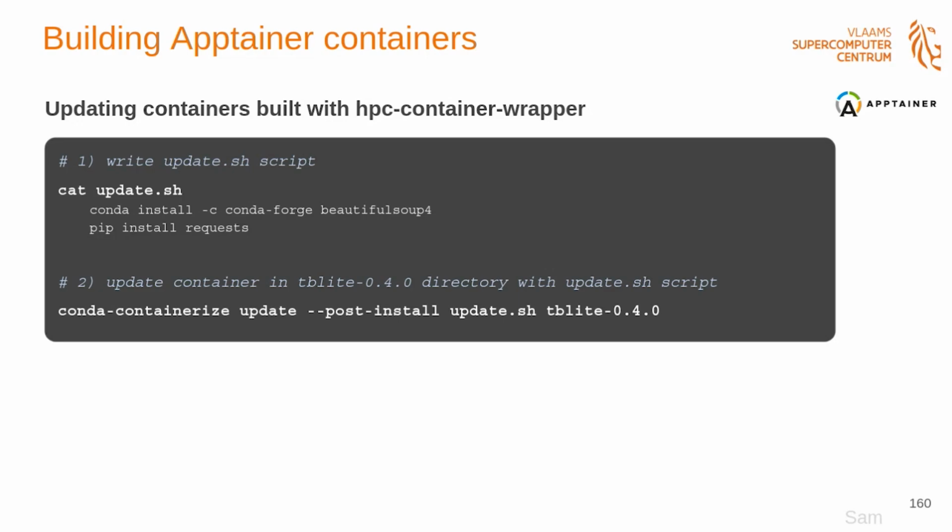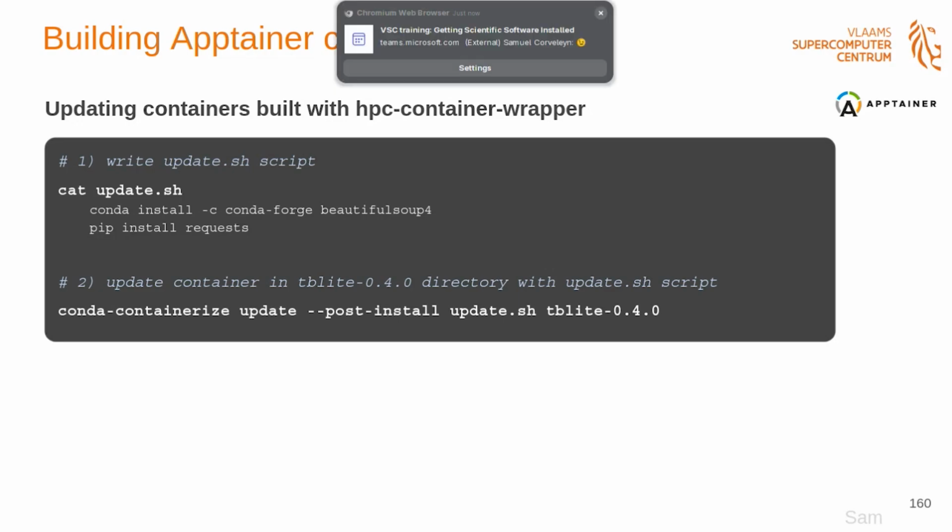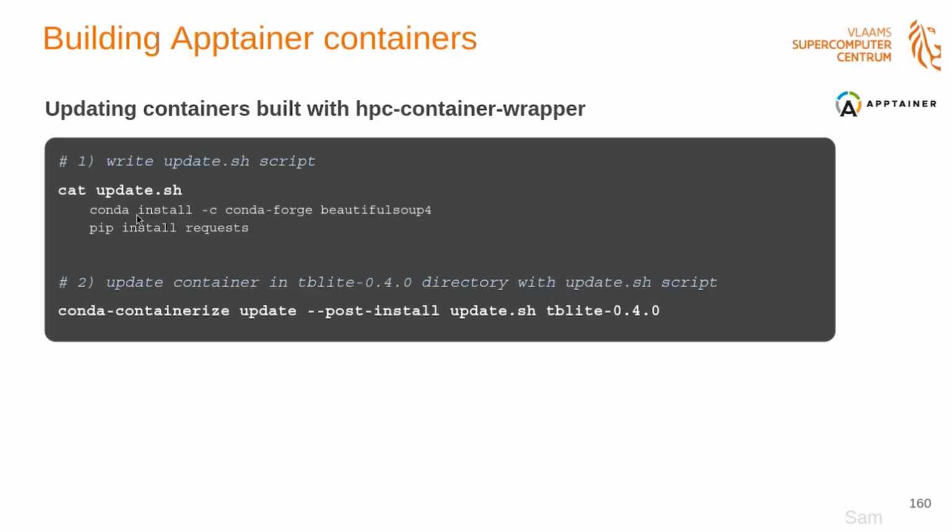This is an example where you create an update.sh script where you can put whatever you want. Here I'm installing an extra Conda package, beautiful soup, and then I'm installing the regress package with pip. Of course, Steven told us it's not a good idea to mix pip and Conda, but I'm just showing it here so you know it's possible.